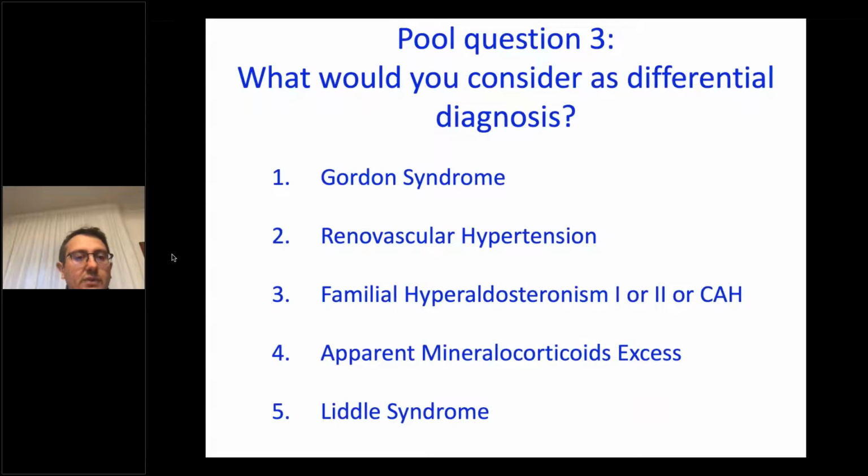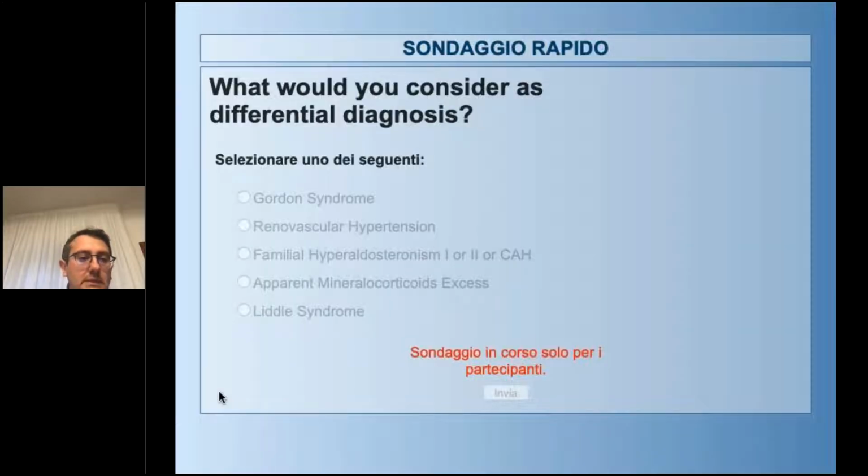Another question for you guys: what would you consider as differential diagnosis? So we have Gordon syndrome, renovascular hypertension, familial hyperaldosteronism 1 or 2, congenital adrenal hyperplasia, apparent mineralocorticoid excess, or Liddle syndrome.